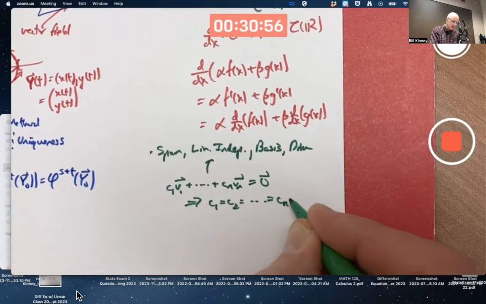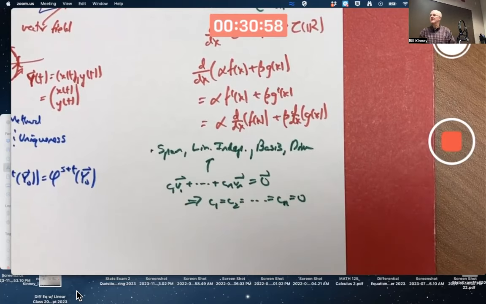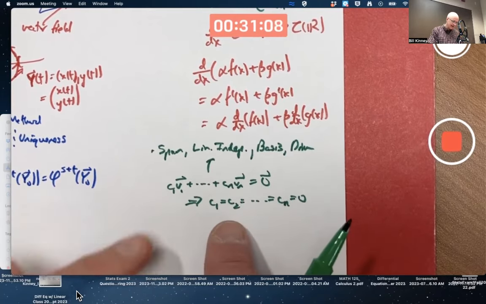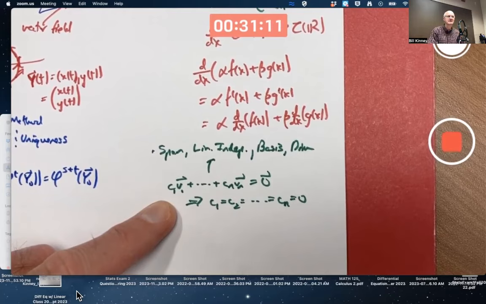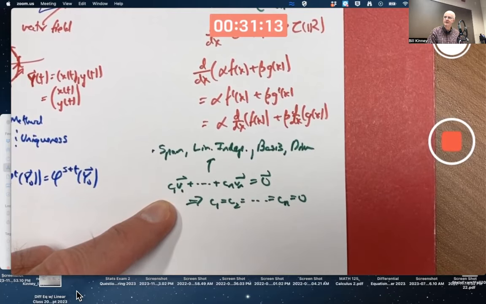It's analogous to the kernel of a linear transformation being trivial. Linear dependence would mean there exist some non-zero c's making this equation true. That would be linear dependence.